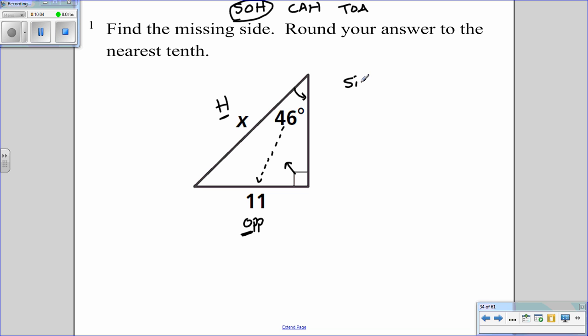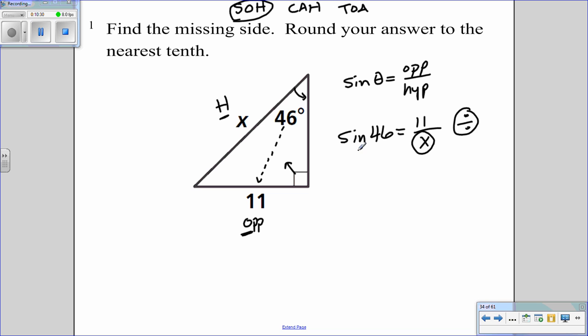So my work will look as follows. Sine of the angle equals opposite over hypotenuse. Plug in your information. Sine of the angle's 46. Opposite was 11, and the hypotenuse was x. Now remember, if x is on the bottom, I know we're going to end up dividing when I do my math. So I'm going to put this over 1 and cross multiply. 11 times 1 is 11.